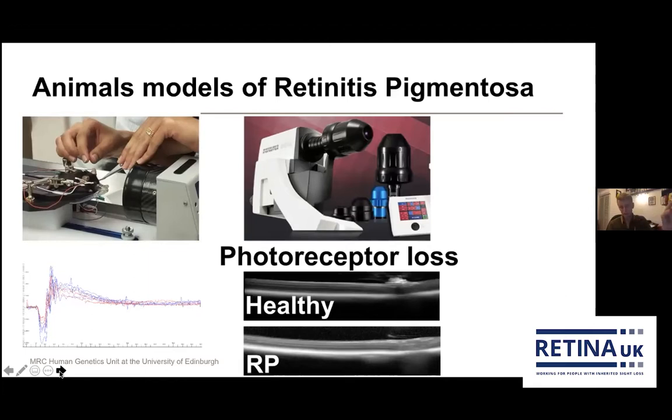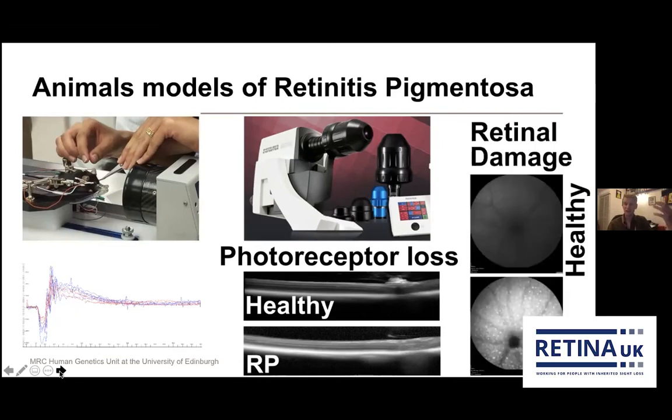Another really good marker that we use in clinic for assessing progression of disease and even diagnosing disease is autofluorescence, where we shine a blue light into the back of the eye. The retina autofluoresces normally, but whenever it starts to become unhealthy, it has an increase in autofluorescence.